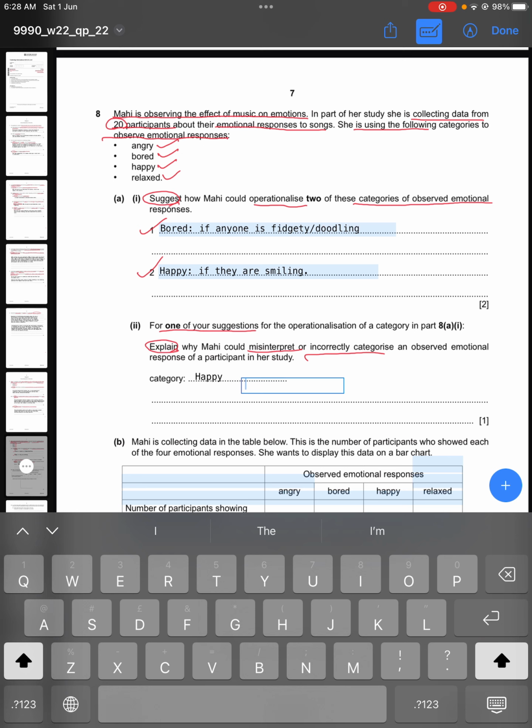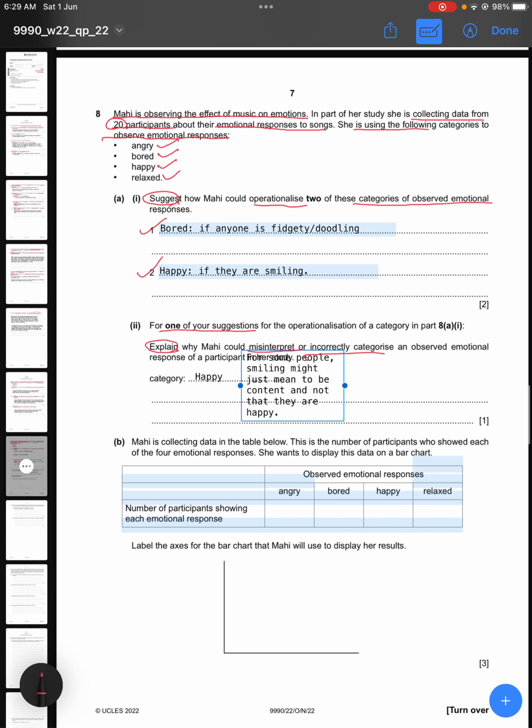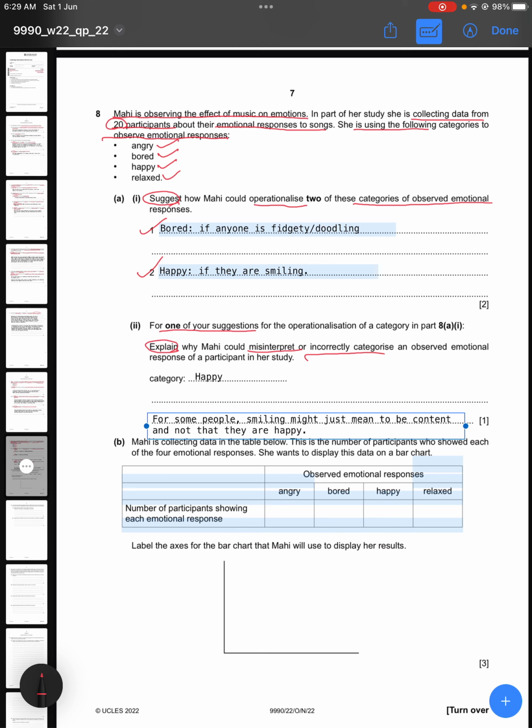You can write that for some people, smiling might just mean to be content and not that they are happy. So even if they are feeling content, Mahi would consider that as being happy.